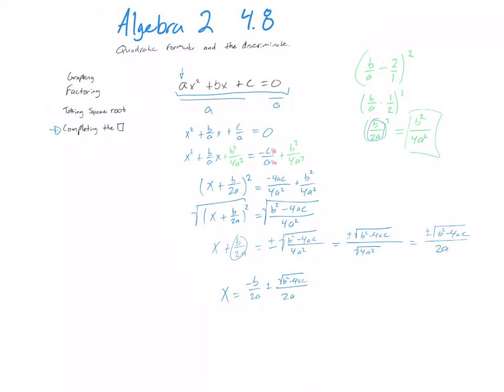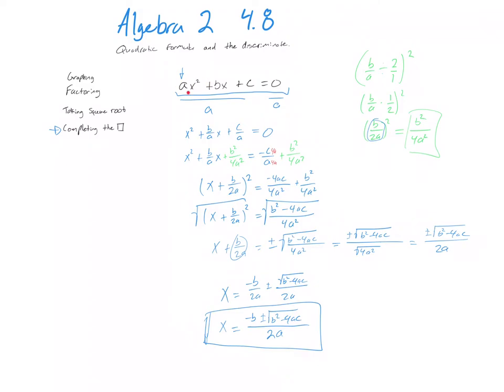And with the same denominator, I can combine that together. x is equal to negative b plus or minus the square root of b squared minus 4ac, all divided by 2a. And this is the quadratic formula.